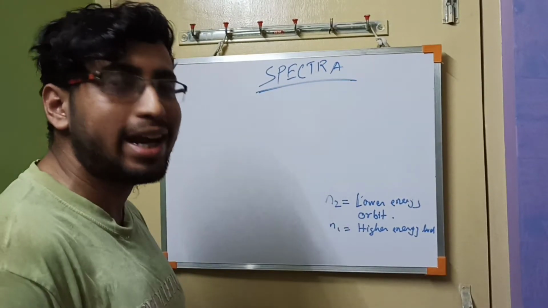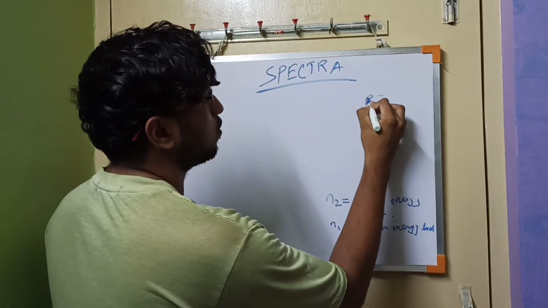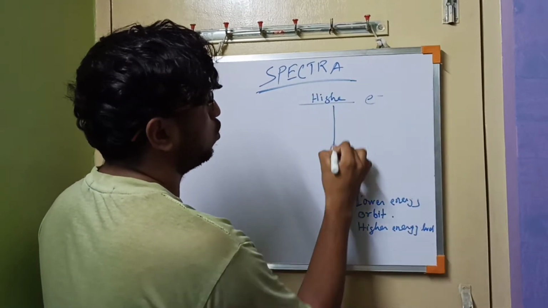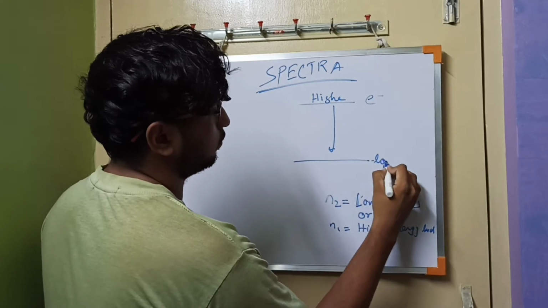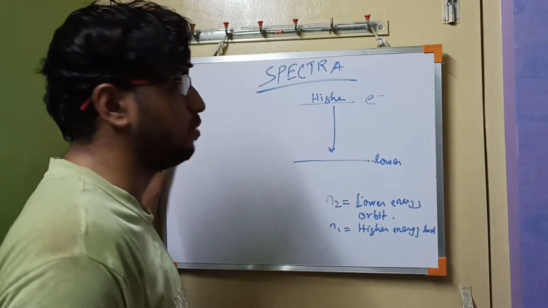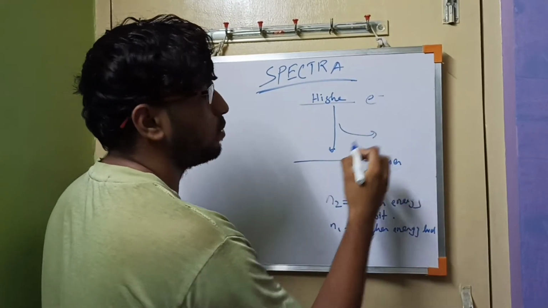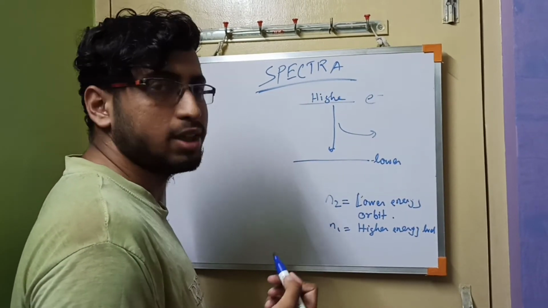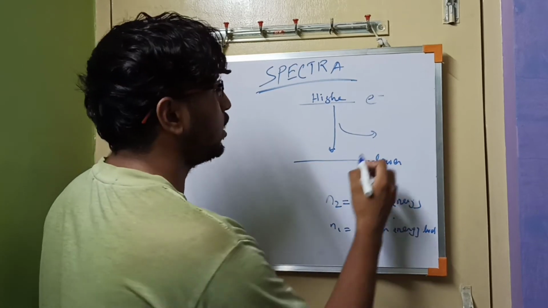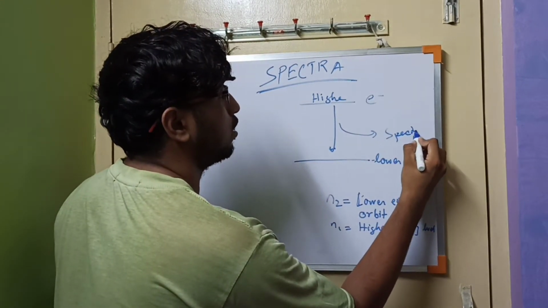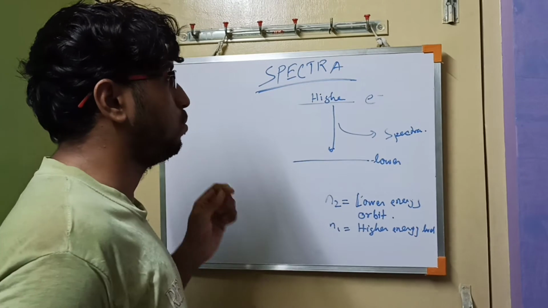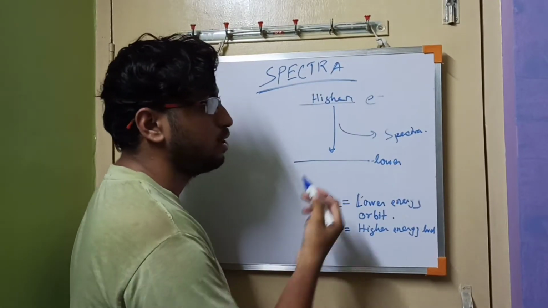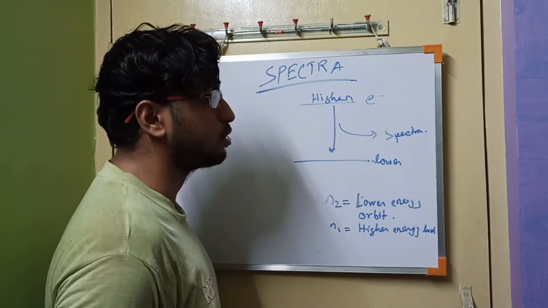Basically, when an electron jumps from a higher energy orbit to a lower energy orbit or level, it releases a specific amount of light which corresponds with a particular range of wavelength, that is spectra. So when an electron comes from a higher orbit to a lower orbit, it can release a spectra.